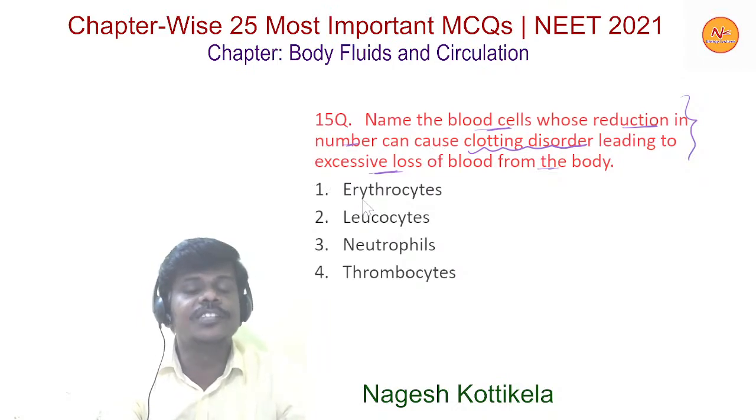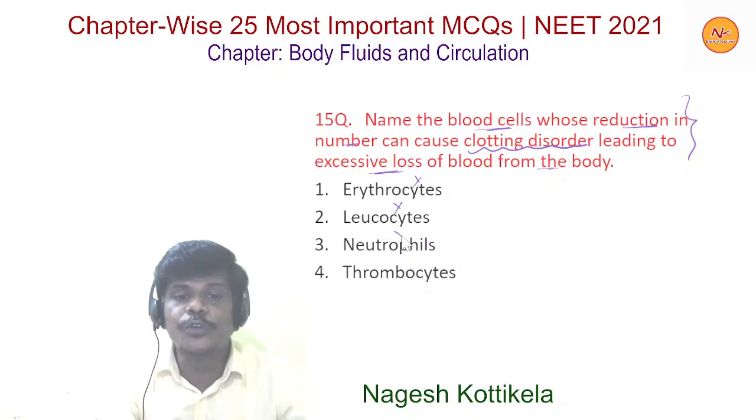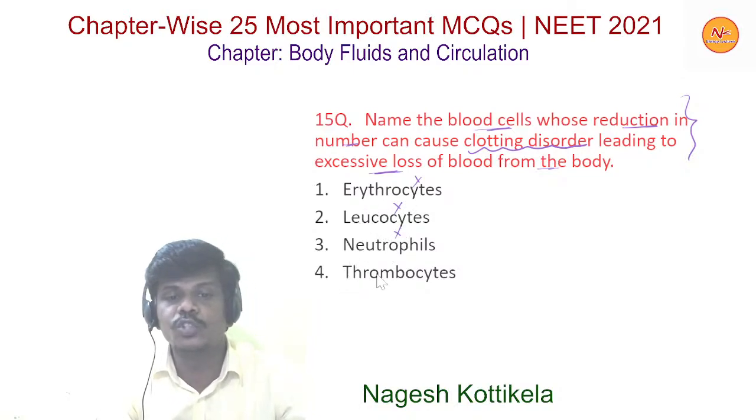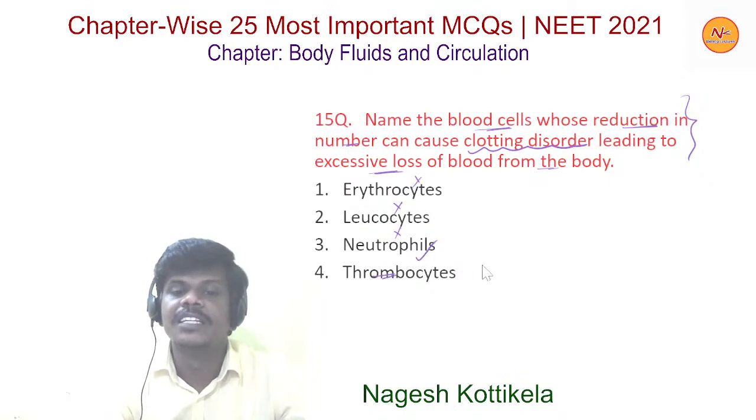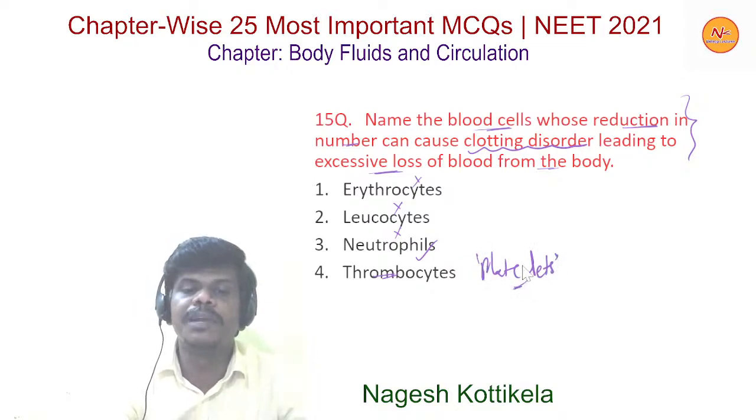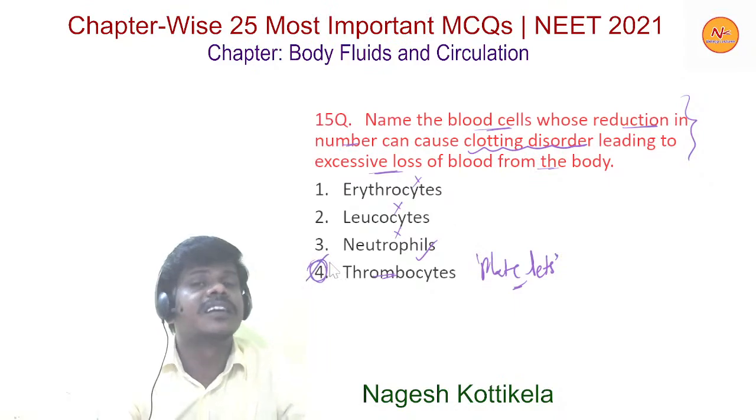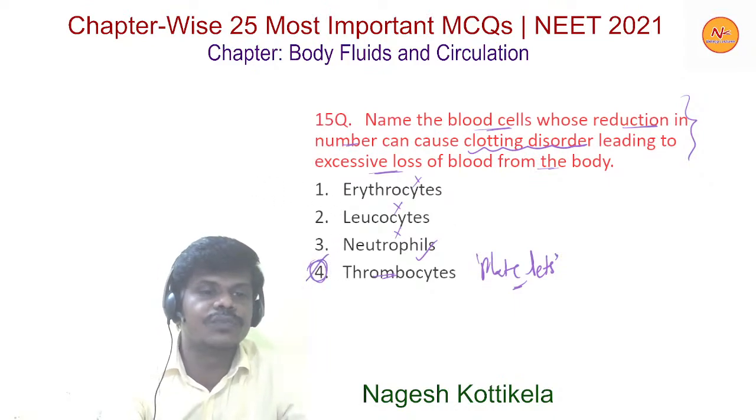Option 1 erythrocytes, wrong. Option 2 leukocytes is wrong. Option 3 neutrophils is wrong, and option 4 thrombocytes is correct. These are the platelets. So these platelets are responsible for the blood clotting. So option 4 is correct one. Now moving to the next question.